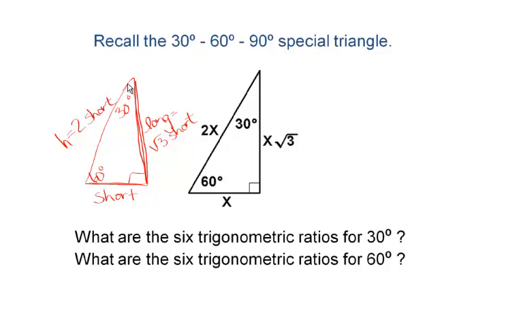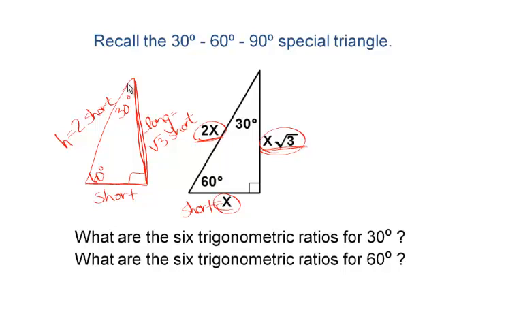So bringing that information from geometry into our right triangle, we're going to call the length of the short leg x. So that we know the length of the long leg has to be square root of 3 times x, and the length of the hypotenuse has to be 2 times the length of the short leg, or 2x.